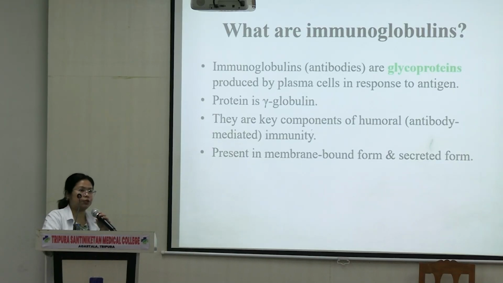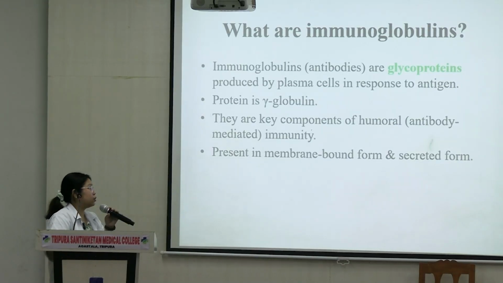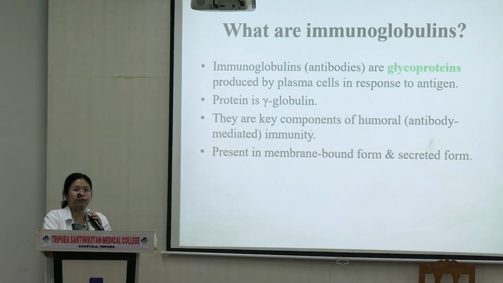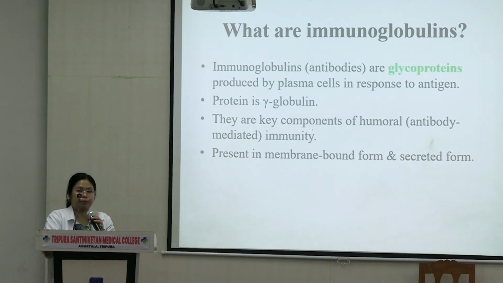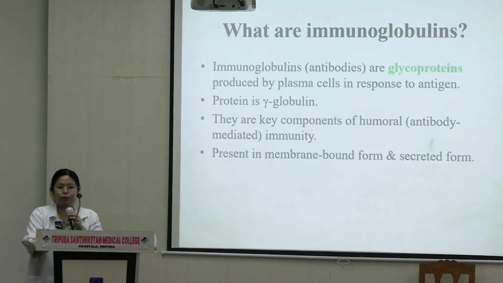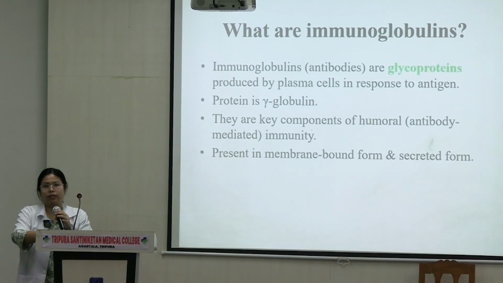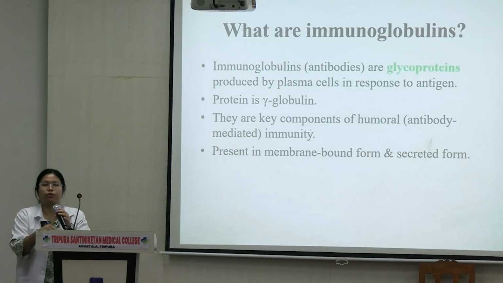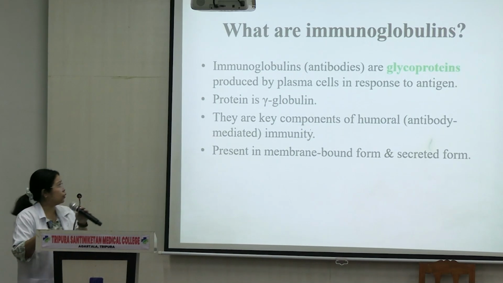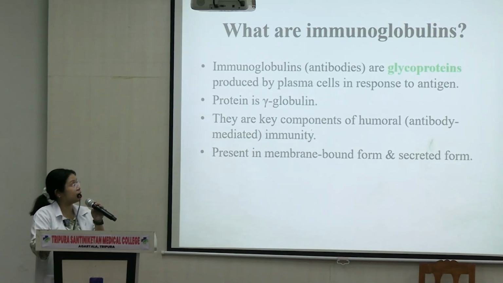So this is a glycoprotein, which is a complex protein. It is also a type of gamma globulin. There are different types of globulin. Globulin, if you remember from the chapter of protein itself, was a globular protein, right? The shape was like a globe, that was opposite to the fibrous protein. So anyway, proteins are gamma globulin.